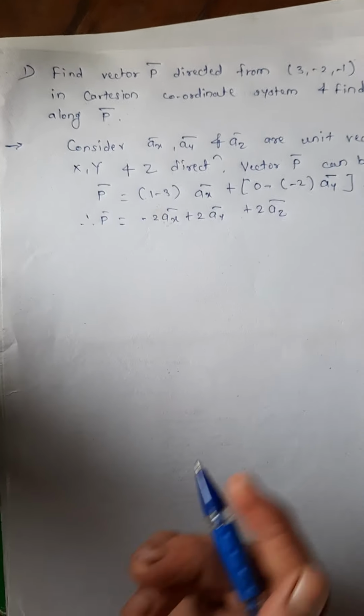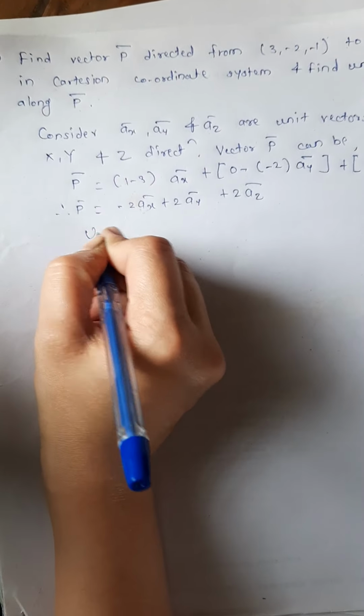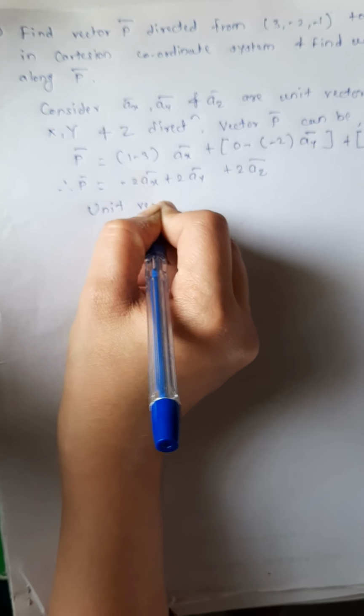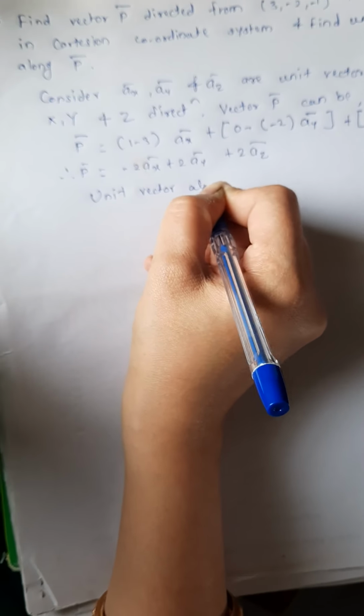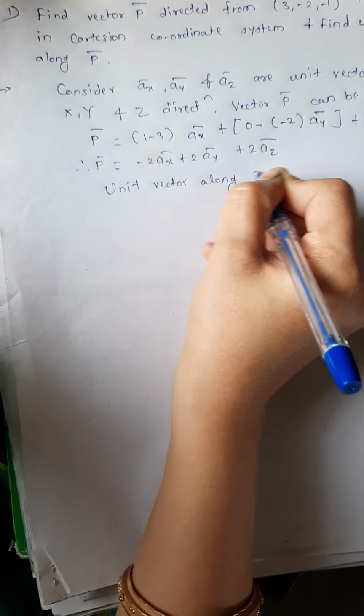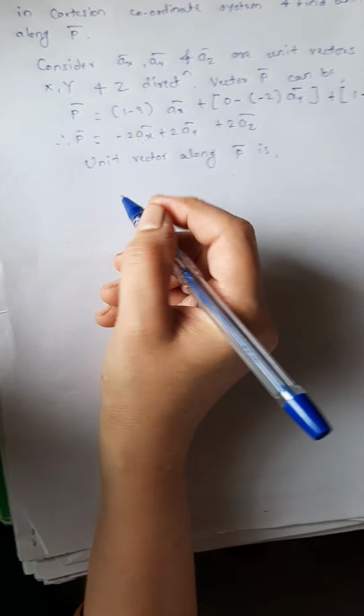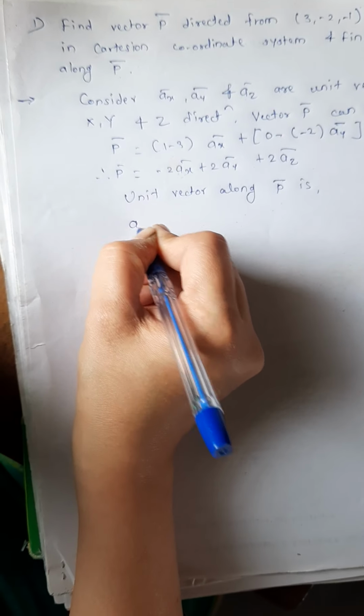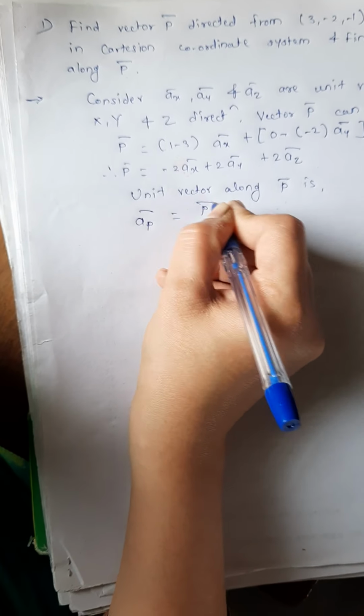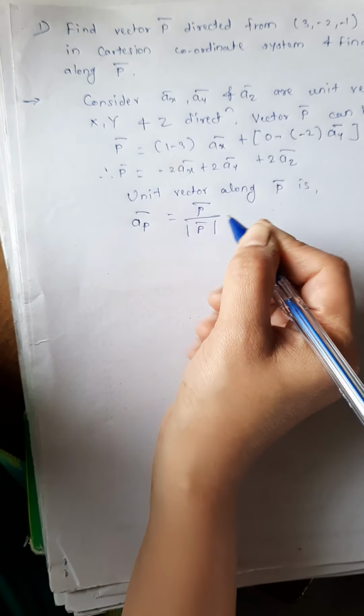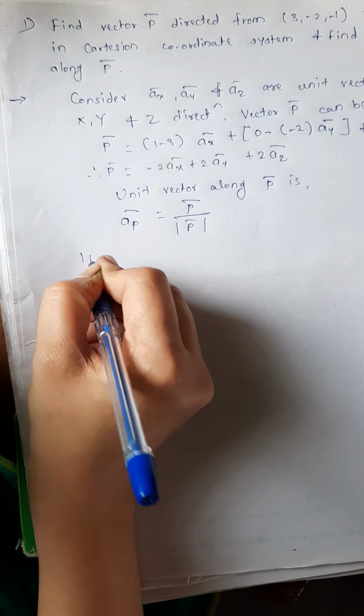Now we have to find the unit vector. So the unit vector along p bar is p bar divided by mod of p bar. So what is mod p bar?